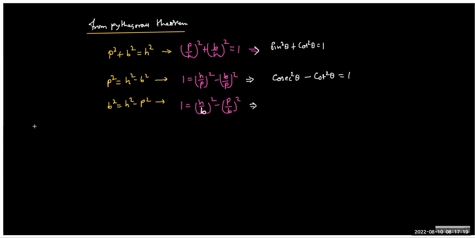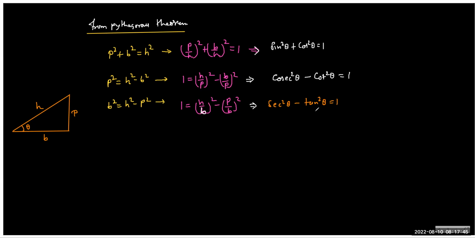B by H is cos, I'm saying. Yeah, so B by H is cos, so the inverse will be sec. So if this is theta, this is perpendicular, this is base, this is hypotenuse. So this is actually sec square theta minus tan square theta, right?